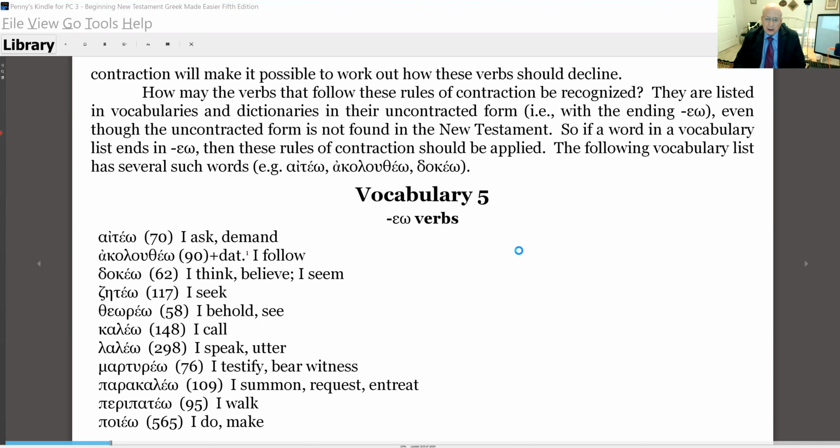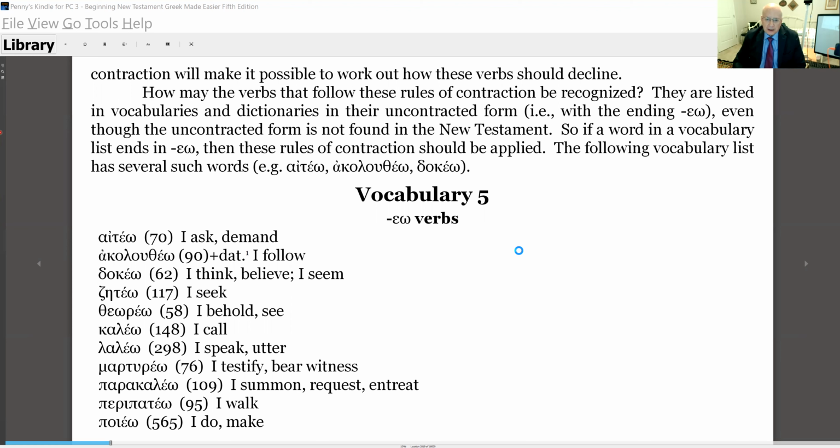A verb like laleo, I speak or I utter, very similar to lego in meaning, especially by the time the New Testament was written. It could be used in other ways and was used in other ways previous to this time. But by the time of the New Testament writers, it's beginning to be very similar to lego.